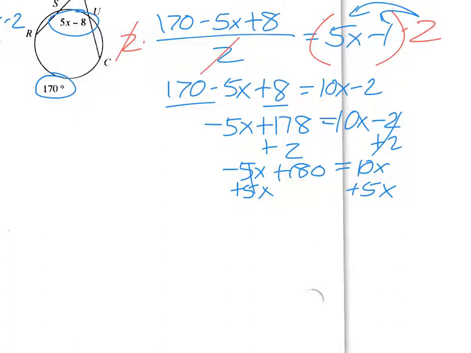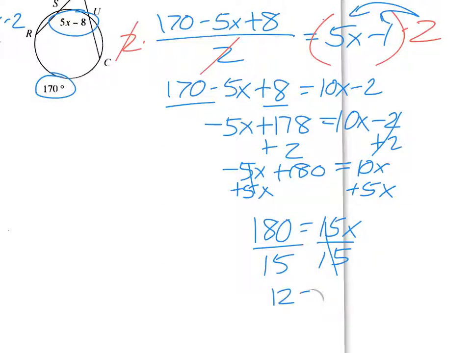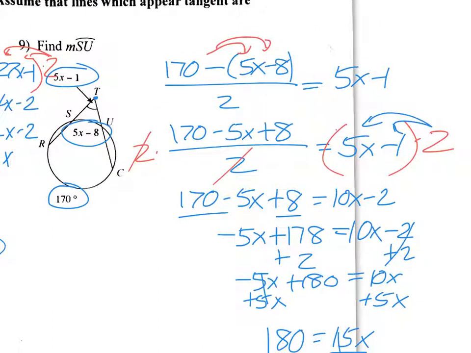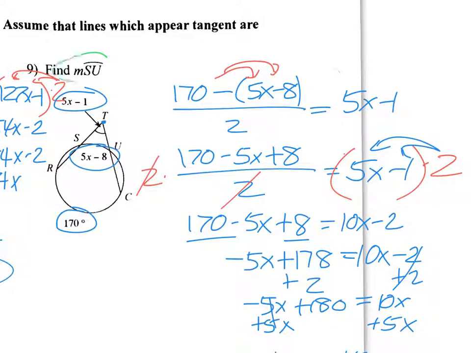So now I get 180 equals 15x, divided by 15. And 180 divided by 15 is 12. Now, what do I do with that? I go back, see what the question asks for. The question asks for arc SU.